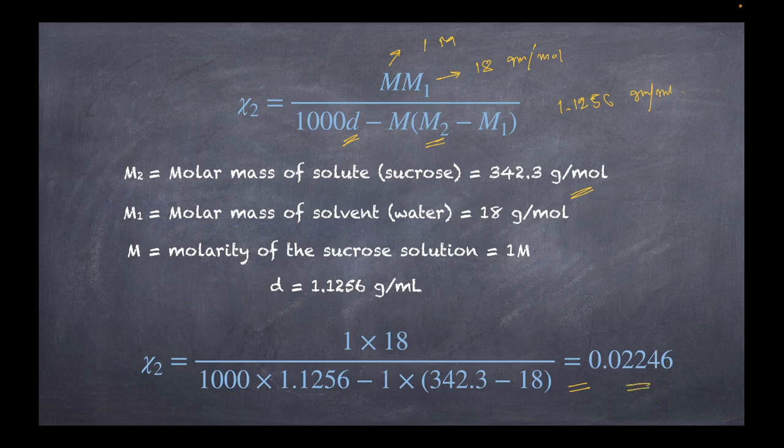Now to get the value of activity coefficient, we have to find activity and chi1, the mole fraction of solvent. We got the value of A, which is 0.98. Now we have to find the value of chi1. Now we got the value of chi2.